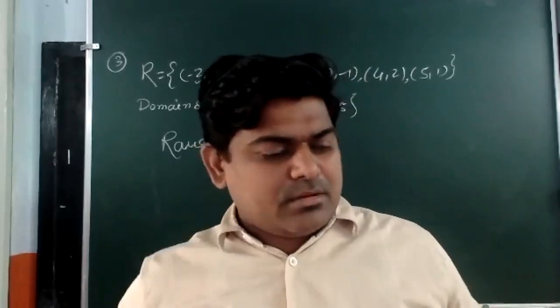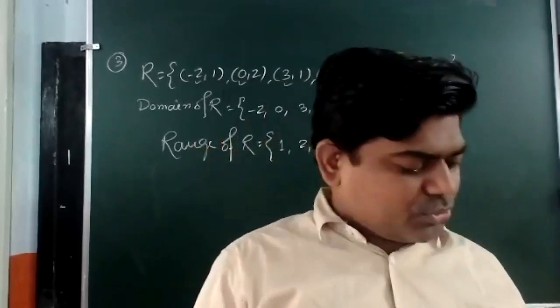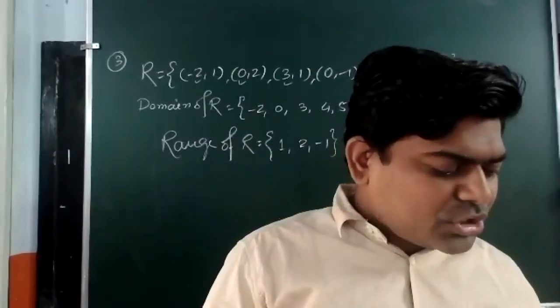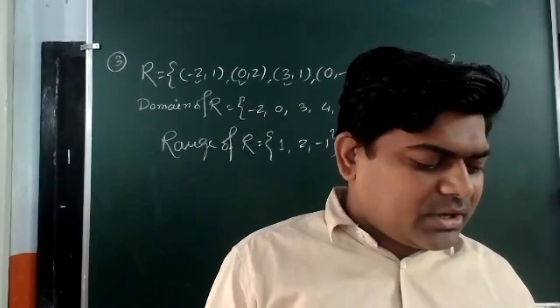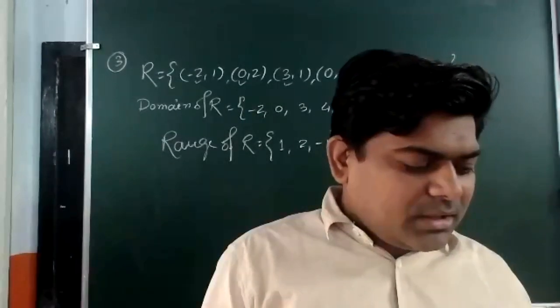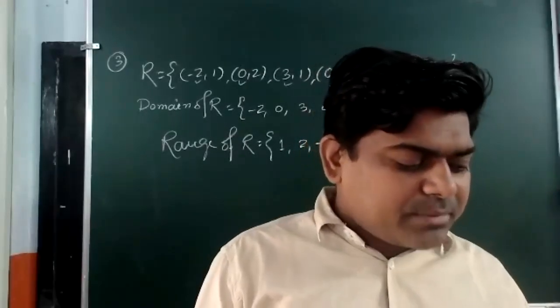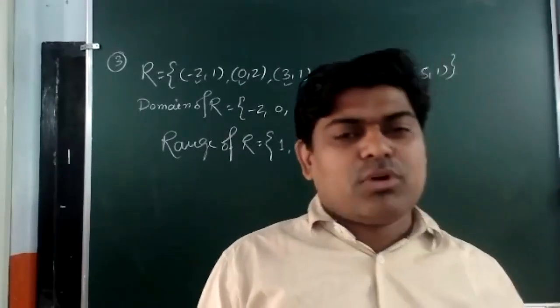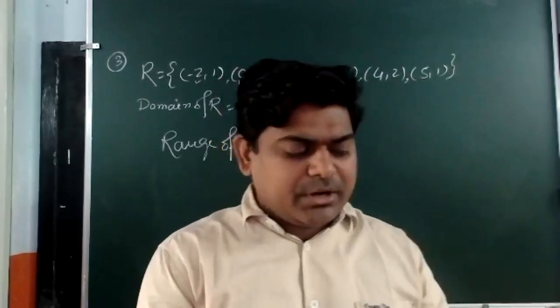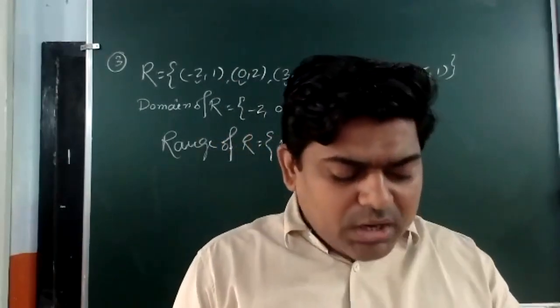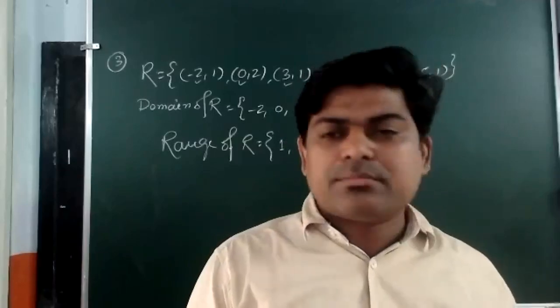Okay. Now, in the last moment, I'll give you some time. Question number 5 is also the same. It's written "is one less than." It means what? R, the relation, is one less than. One less than means what? The first element will be one less than the second element. That much only.